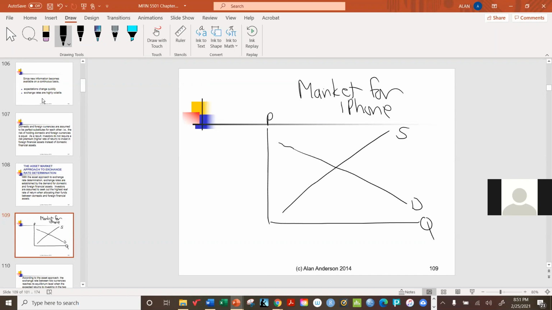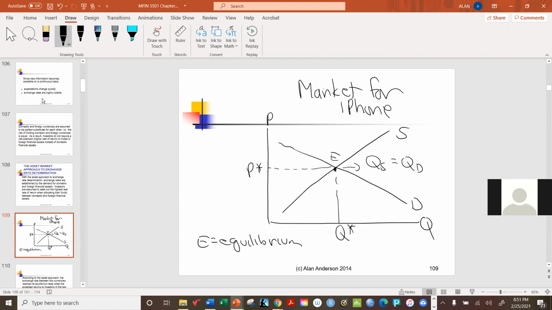And so where they meet, right here, we establish what's called an equilibrium price and an equilibrium quantity. And so this E stands for equilibrium, which means there's a balance between the quantity supplied and the quantity demanded. I'll call that QS and QD.